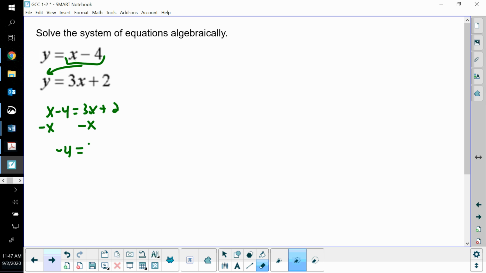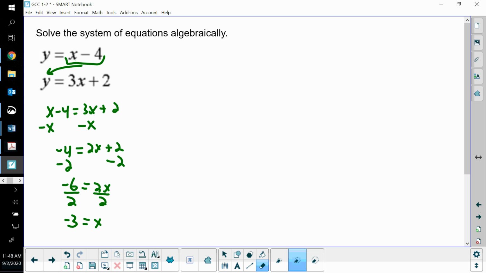That'll leave us with negative 4 equals 2x plus 2. We can subtract the 2 from both sides because the opposite operation of addition is subtraction. And to finish off the x, we'll do the inverse operation of multiplication, which is division. So we get x is negative 3.